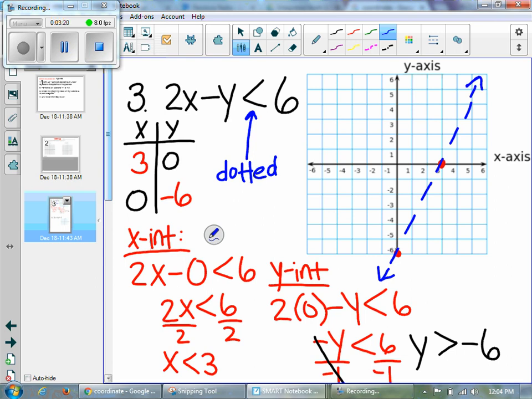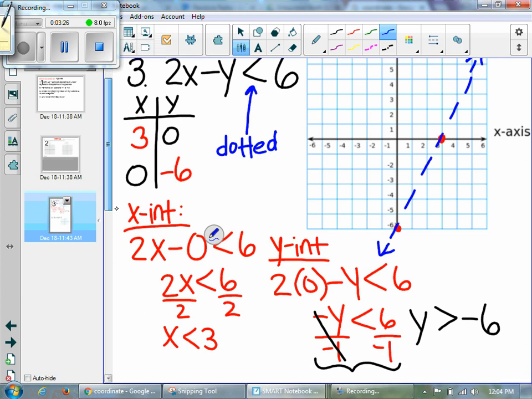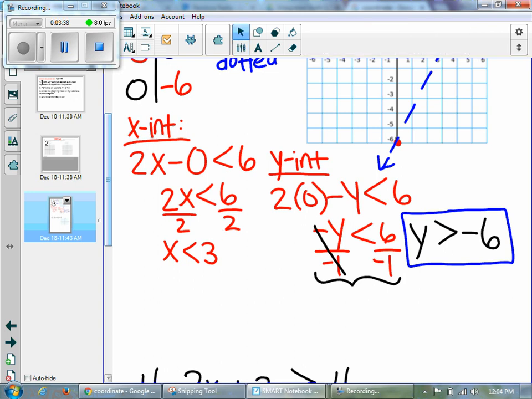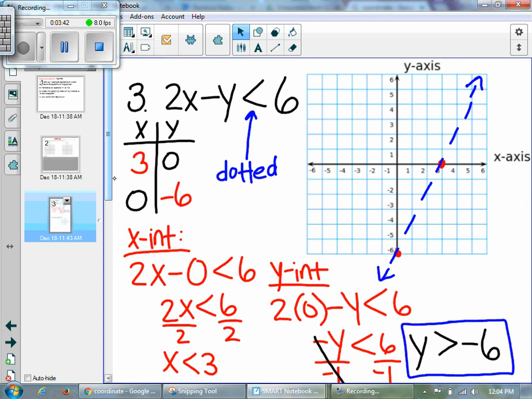The last part, we need to decide where to shade. Do we shade above that line or below that line? To determine that, you can look at your y value. If y is greater than negative 6, we would shade above negative 6. So you will be shading above this line. Or sometimes I like to say the alligator mouth is eating the y.